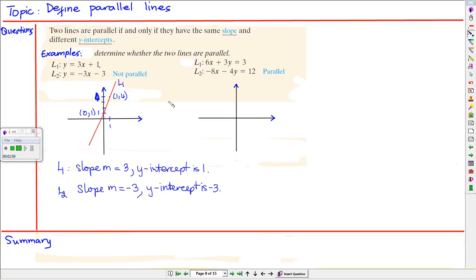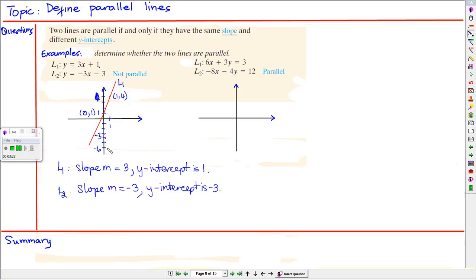Now for line number 2, we are going to graph. We start with the y-intercept first. The y-intercept is -3, and the slope is also -3. It means that from the y-intercept we go down by 3 more units, so we end at -6.